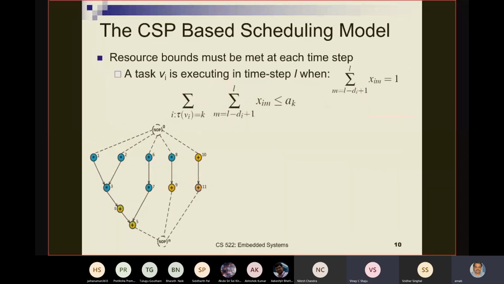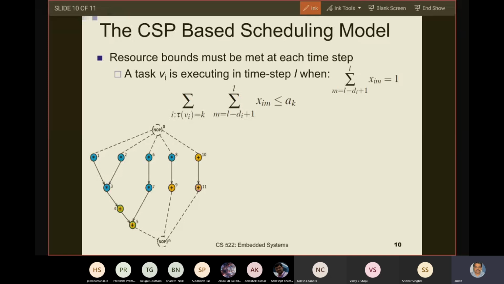So next you have resource constraints. What does this resource constraint try to tell me? It tries to provide a bound on the number of tasks that can execute on a resource of a certain type at a given time.